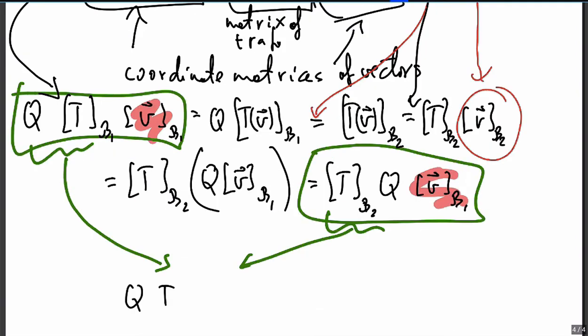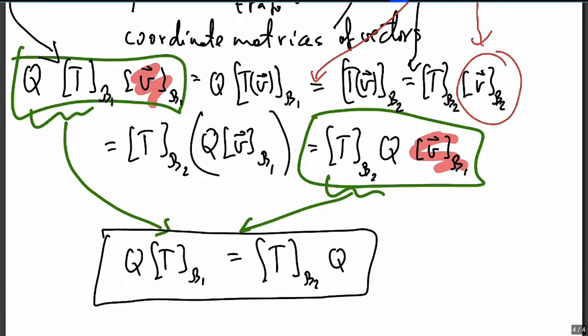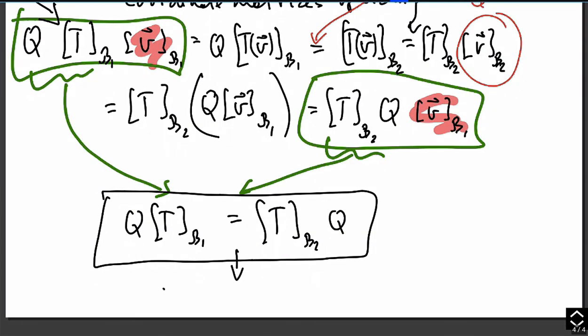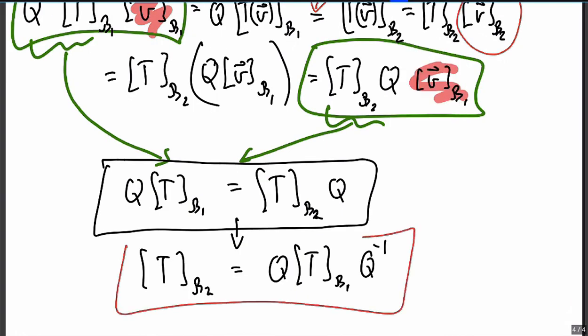So Q times the representation of T in the B1 basis is the same as the representation of T in the B2 basis times Q. And then since these are matrix equations with Q an invertible matrix, what we get from here is that if you want to get the matrix representation of T in the B2 basis, you can solve this by multiplying with the inverse of the Q matrix. So you get Q times the matrix of T in the B1 basis times Q inverse. And this is the big formula of this section.